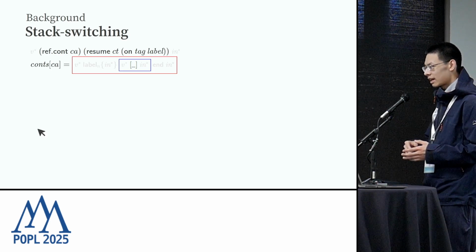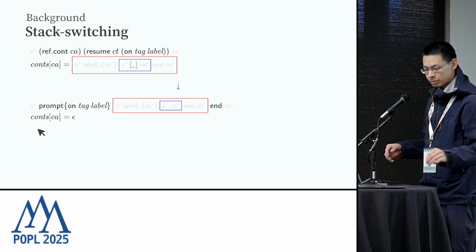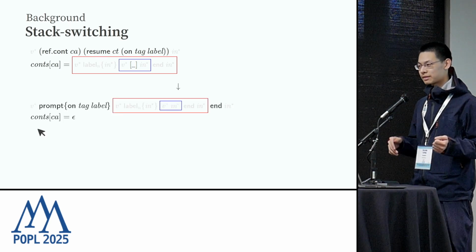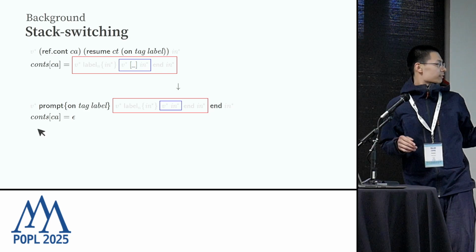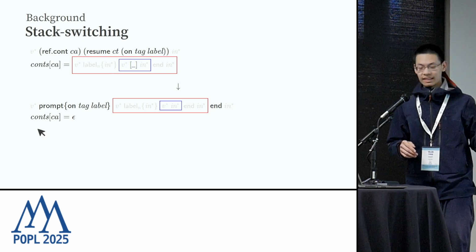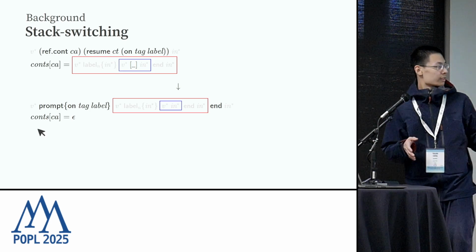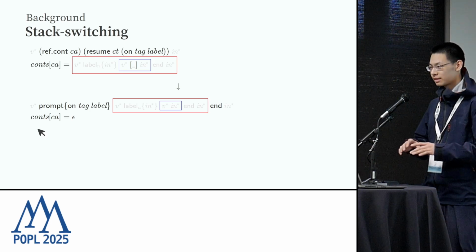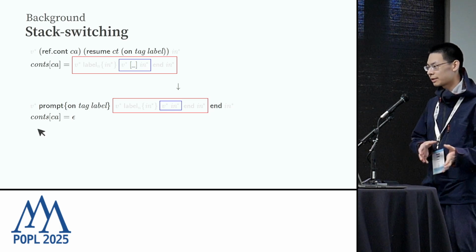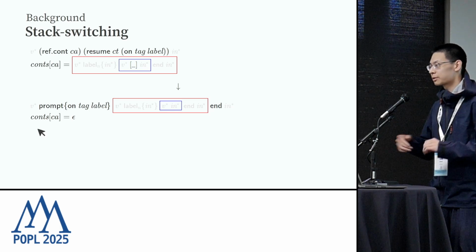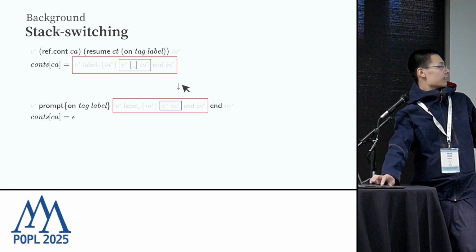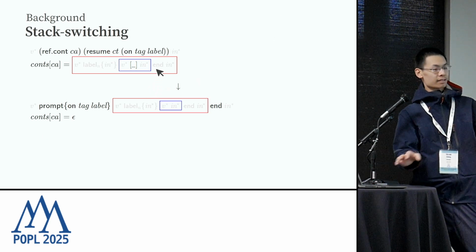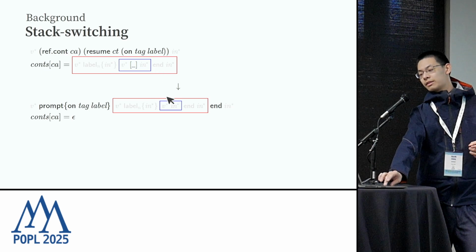When we execute the resume, we introduce a prompt frame, which is the temporary name by the way, and move the stack into this. So we move the continuation from the store into the actual stack. As you can see, the red box is moved into the stack.